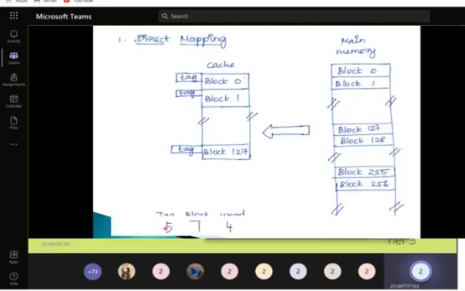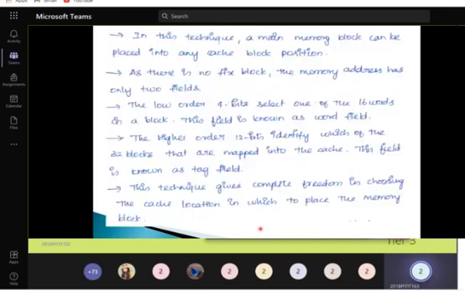So that is the thing about this tag and block. For this technique, a main memory block can be placed into any cache block position. There is no fixed block. The memory address will have two fields.